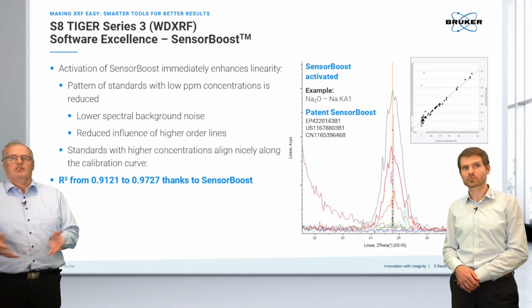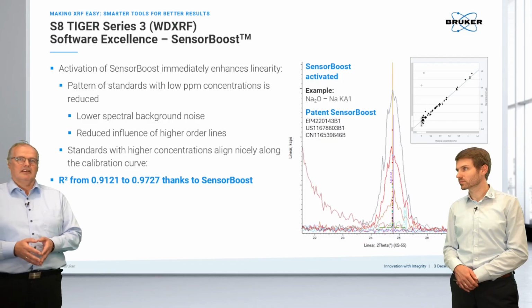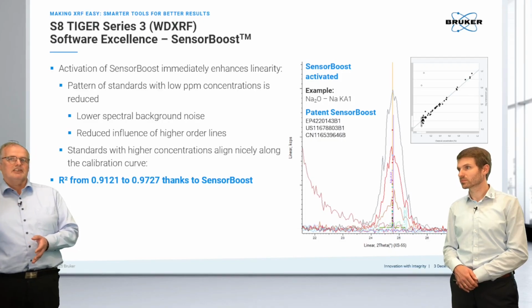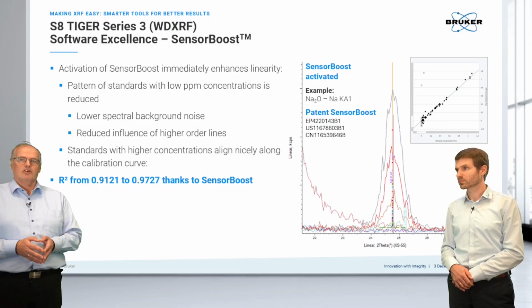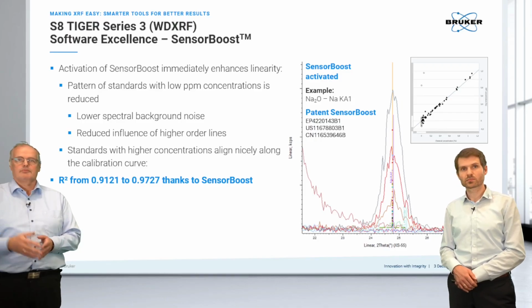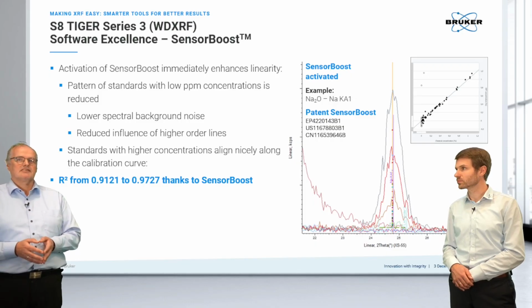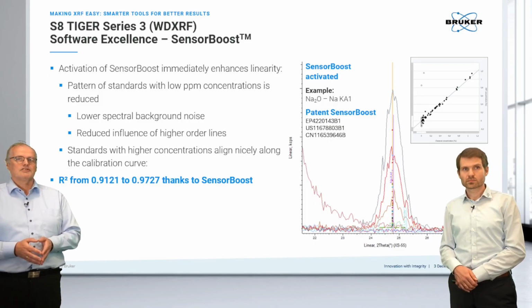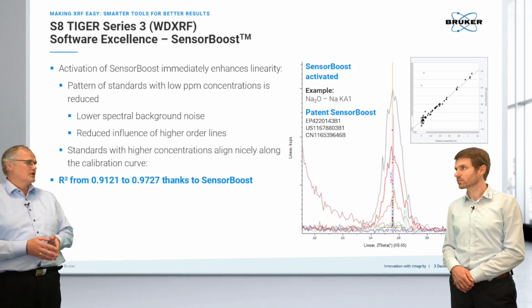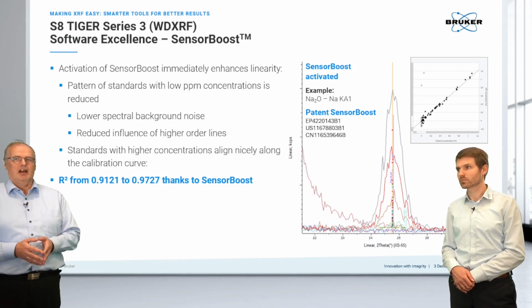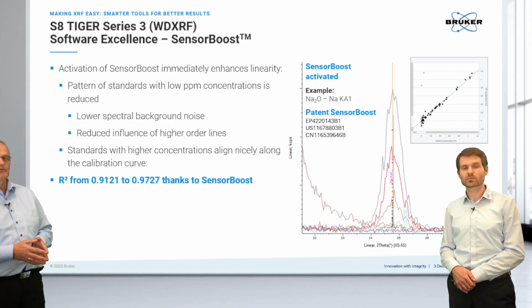This is simply because of the lower spectral background noise. And we see that the higher range also lines up pretty nicely. We see that the calibration regression improves from 0.91 to 0.97, which is pretty close to the perfect one we are trying to achieve here.